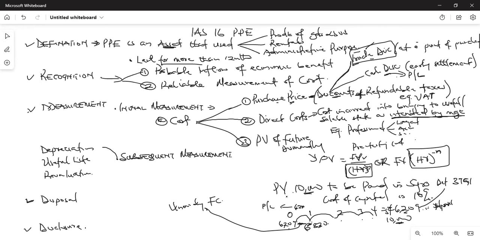So if you go on, you have 6830. You do another 1.1. I have something like 7513. The difference between here and here, if I'm standing in this year, will be an unwinding. Then you continue to multiply by 1.1 again.